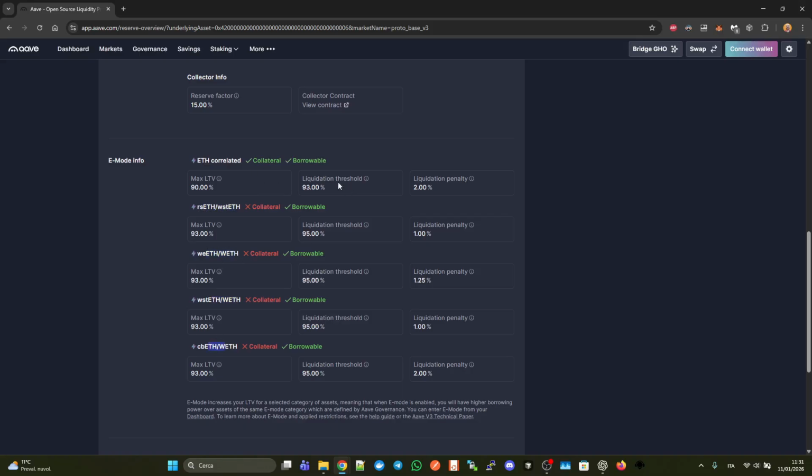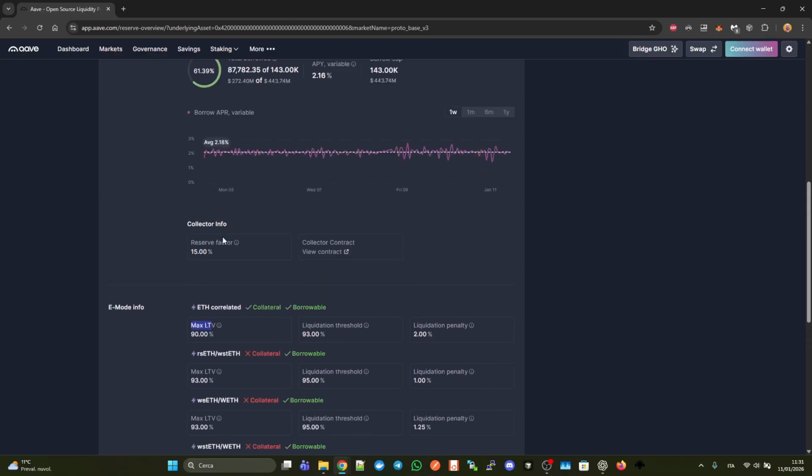As you can see, they have a very high liquidation threshold and max loan to value because of course they have a price related to Ethereum, so it is basically the same asset. So if you borrow against this collateral, there is less risk. So you also pay a lower liquidation penalty, and you have a higher loan to value maximum.